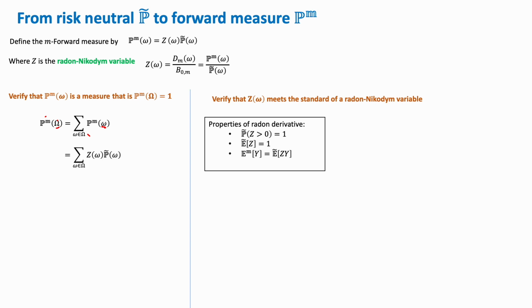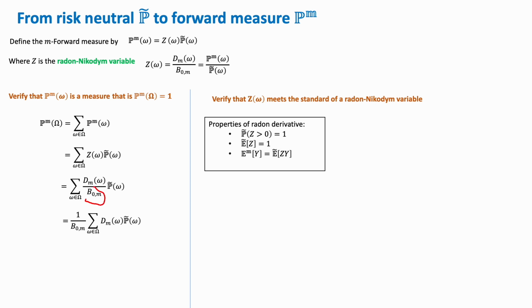And naturally, we can just replace this guy here by its other expression, its value. That's all we do. And then we know that we're taking this as a random Nikodym variable. We define it as the discount factor divided by the zero coupon bond, right? So simply some replacement here.